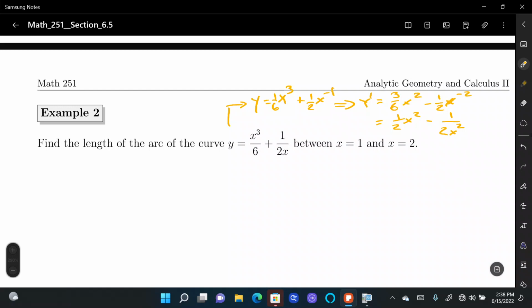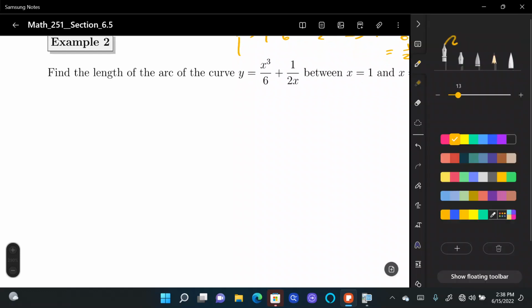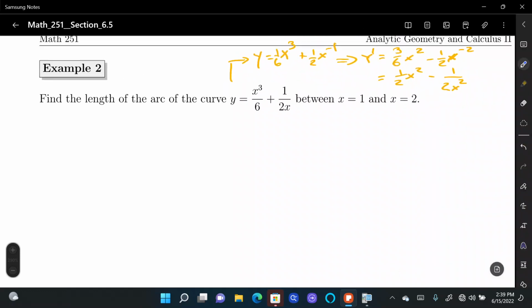And from here, we're going to set up the arc length for this one. So let's recall the formula for the arc length. That's L equals the integral from a to b of the square root of 1 plus f prime, quantity squared, with respect to x.